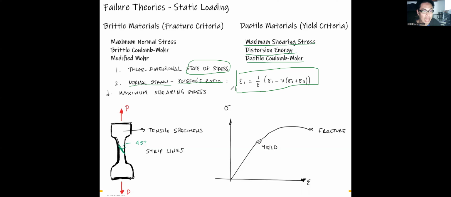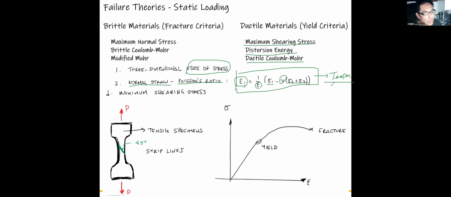The limit is that the material has to be isotropic. If the material is homogeneous and isotropic, we can define the strain in terms of the material's properties, Young's modulus and the Poisson ratio, with the principal stresses. In this case, it's only under tension.